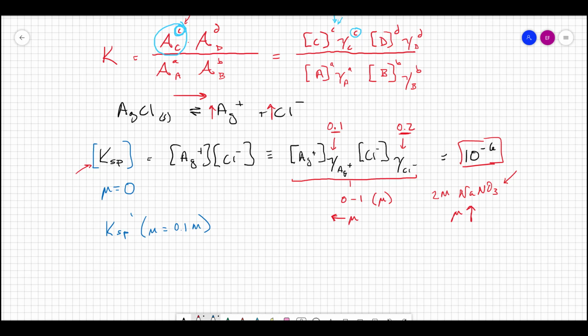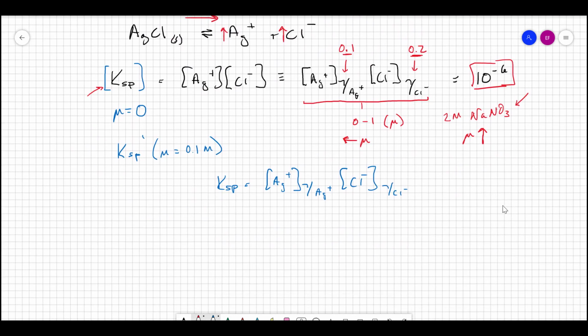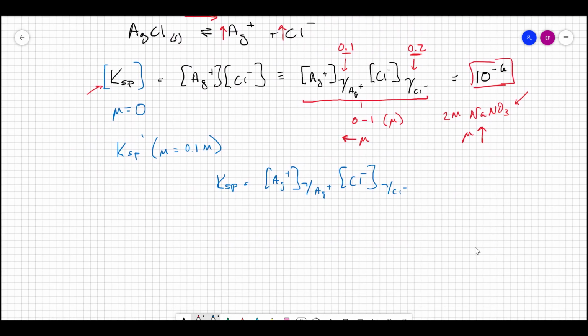So if you can imagine, you've got KSP is equal to your silver ion concentration multiplied by the gamma, or the activity coefficient of silver, by chloride concentration, and then the activity coefficient of chloride. If we want to correct our KSP for whatever the mu is in the system, then what we'll do is just take KSP divided by the gamma of silver times the gamma of chloride.